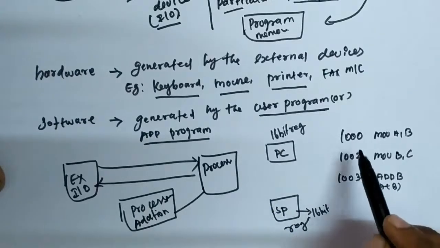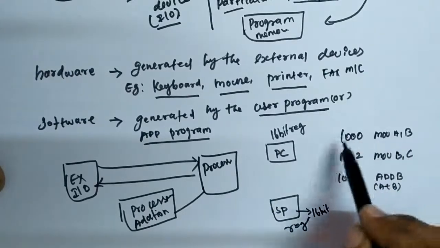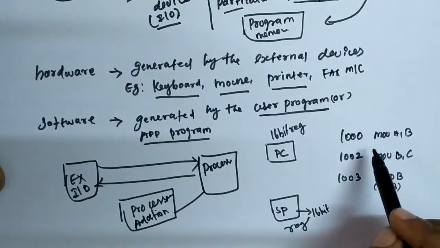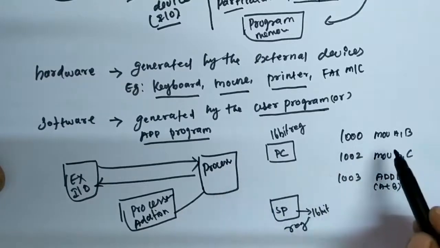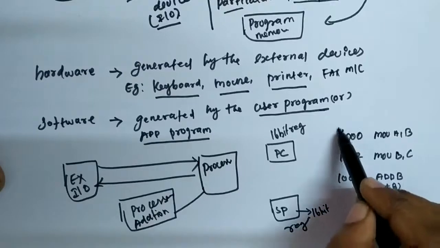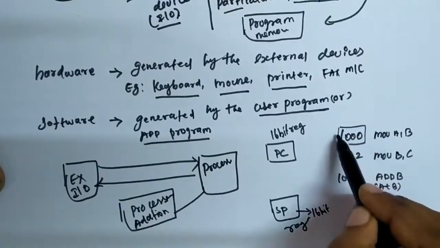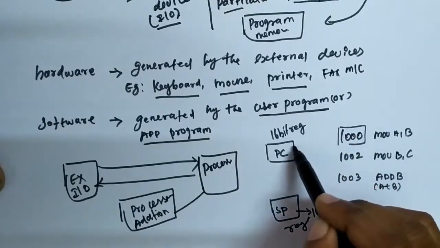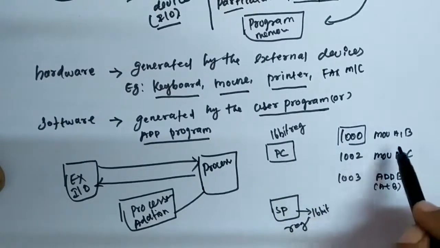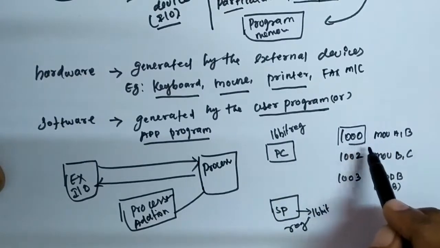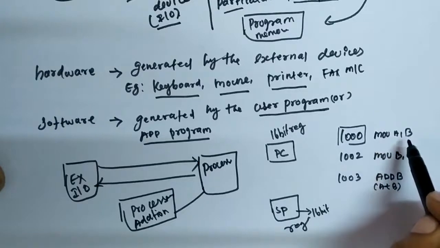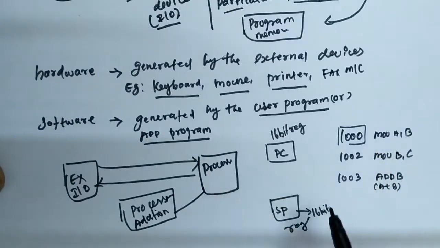Let's consider this is the application currently processed by the processor. My starting memory location is 1000. It is loaded into the program counter. The instruction at memory location 1000 is move A, B, and it is executed by the processor.